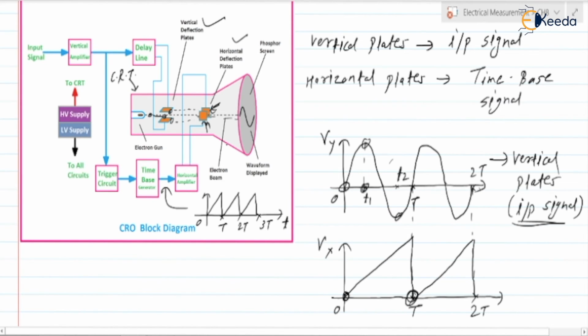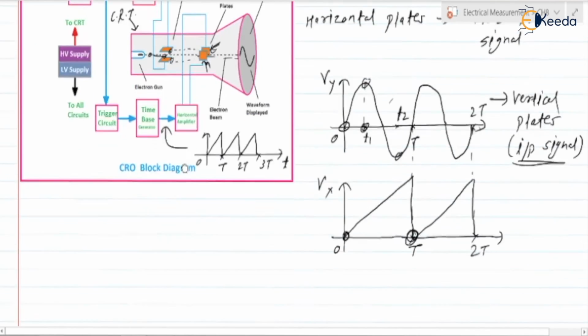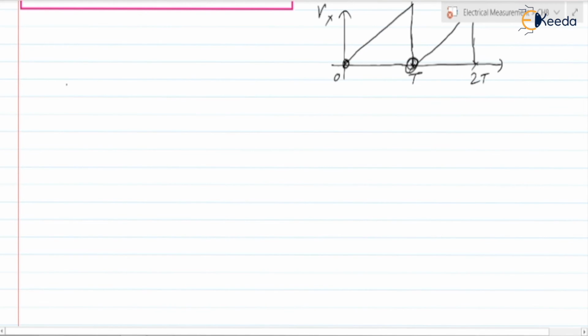Now, depending on the operation, we have some theory or concluding remarks for the signals of the vertical plate and the horizontal plate. For example, suppose Vx is equal to Vm1 sine omega t, applied to the horizontal plate.